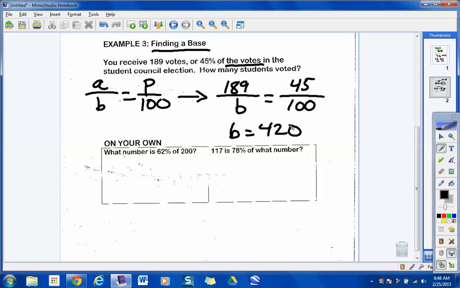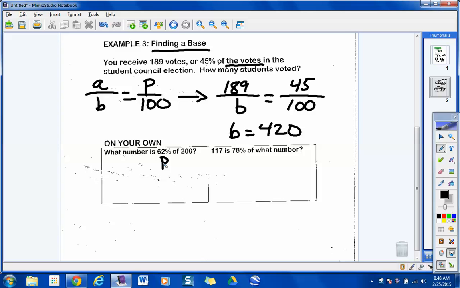All right, kiddos, let's talk about this first one. It says, what number is 62% of 200? Which variable am I solving for here? I'm solving for A, right? I have my percent, so this has to be P. I've got a number right after the word of, so that has to be the base.